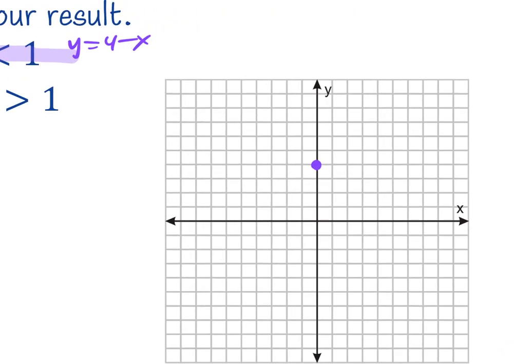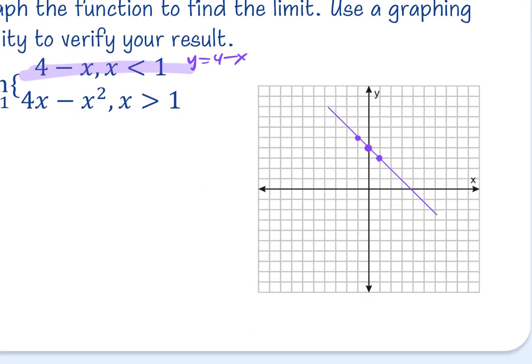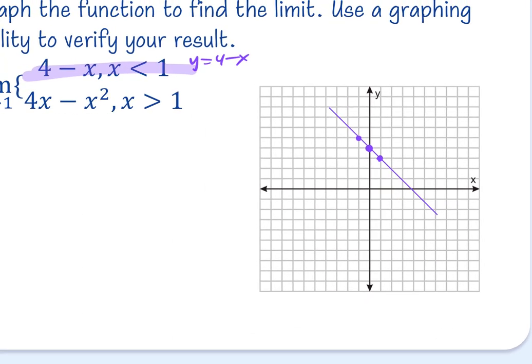So I'd go down 1 and to the right 1, or up 1 and to the left 1. My full line would look like this. But this piecewise function says only keep where x is less than 1. So I go to where it equals 1. I'd have an open dot, and I point it left, because that's where x would be less than 1.